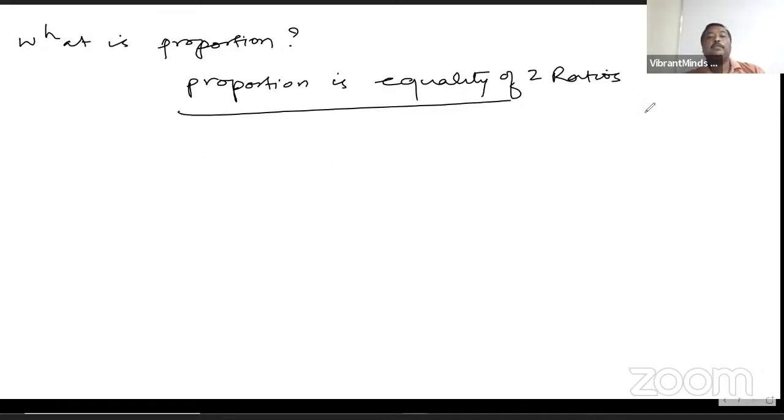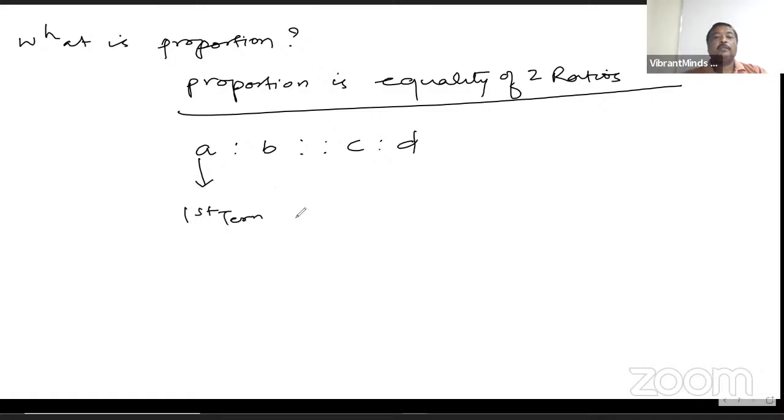What is proportion? It is equality of two ratios. Understand. Proportion: A is to B as C is to D. Now, understand this. This is your first term of the proportion. This is your second term of the proportion. This is your third term of the proportion.